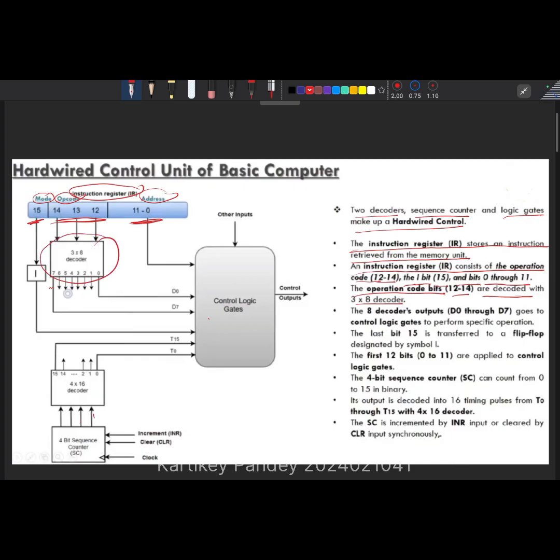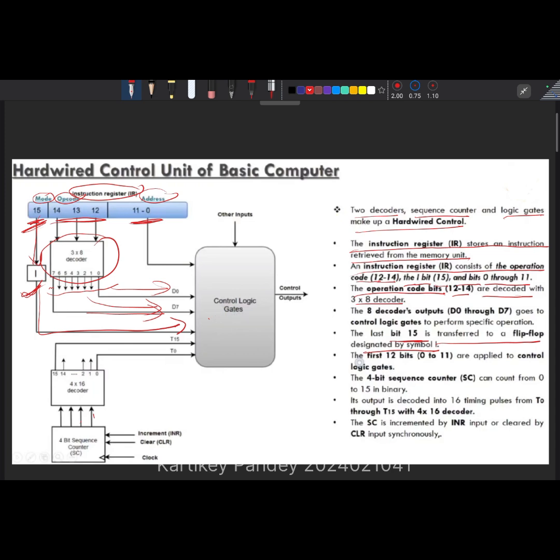And then these 8 decoded outputs are fed to the control logic gates. The last bit, 15, is transferred to a flip-flop designated by symbol I. Here is the flip-flop. So it is transferred to the flip-flop and then it is fed to the control logic gates.